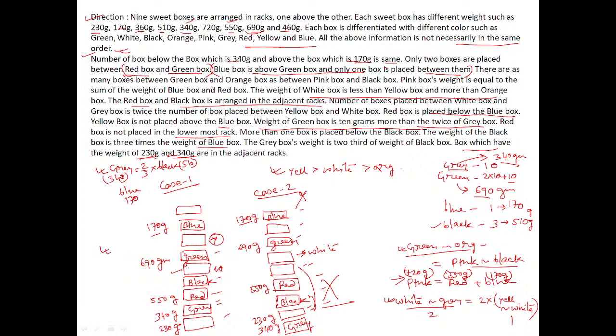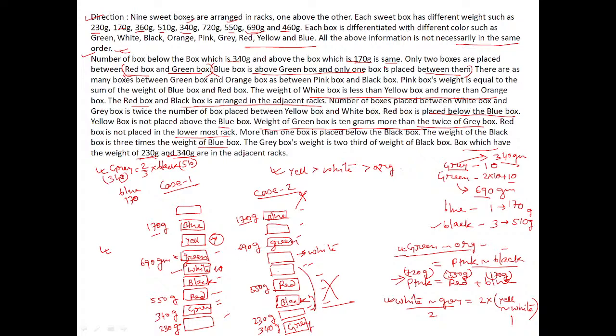But white comes here, right? Yellow comes here. This means what? This means between white and gray 2 boxes, which is twice the number of boxes between white and yellow. This means 1 box, which is green, right? Now moving to the latter statement, between green and orange, whatever the number of boxes available is exactly the same as the number of boxes between pink and black.